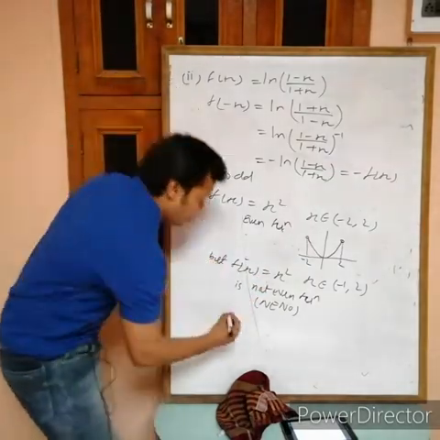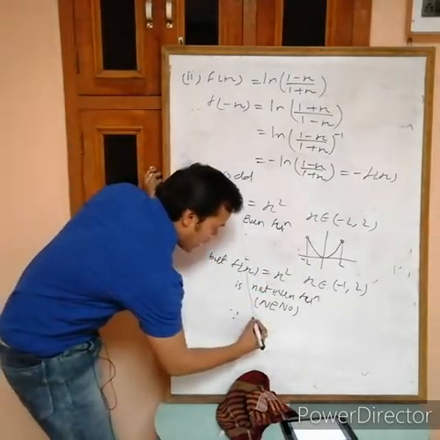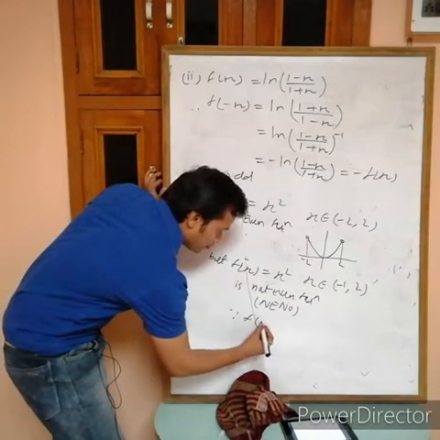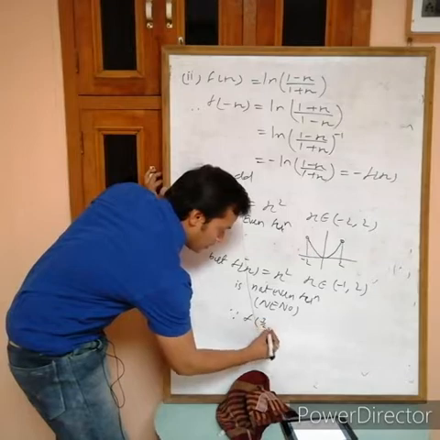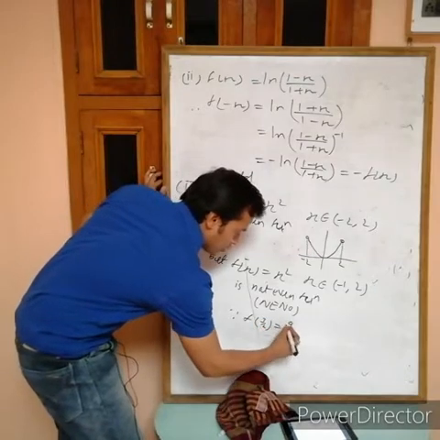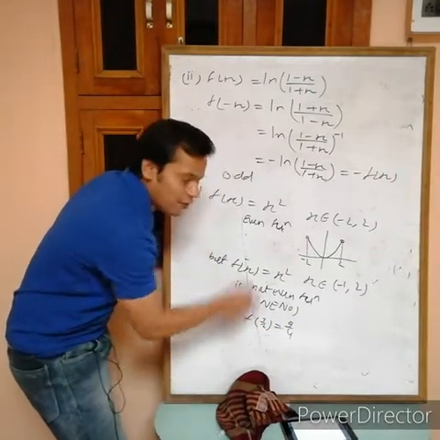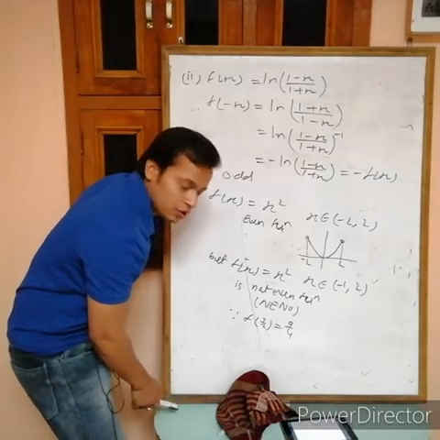See, because here f(3 by 2) is equal to 9 by 4. Now do you have f(minus 3 by 2)?